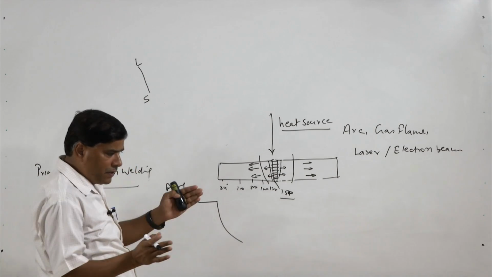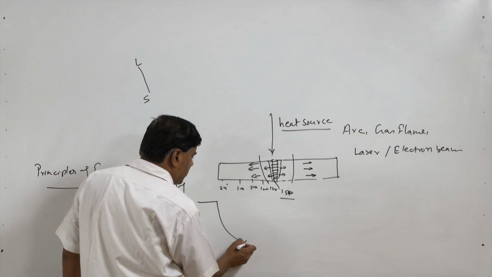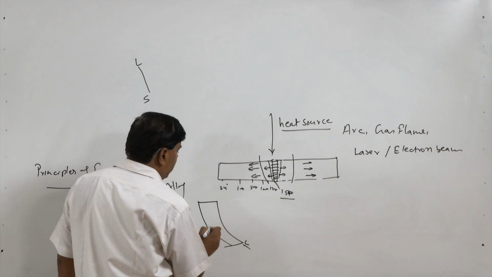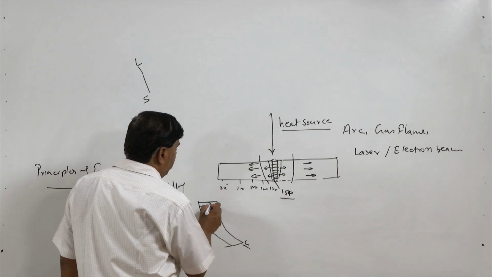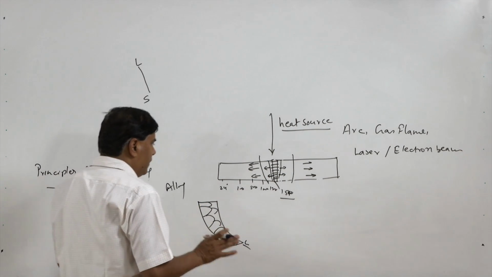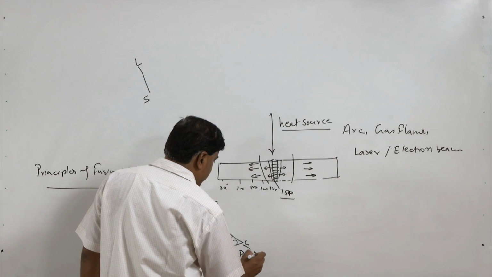This wider is the solidus and liquidus, so this corresponds to the liquidus, and then there will be a solidus line, and between these two we have the two phase zone where partial melting of the grains will be taking place, especially at the boundaries. So, this is called the partial melting zone.